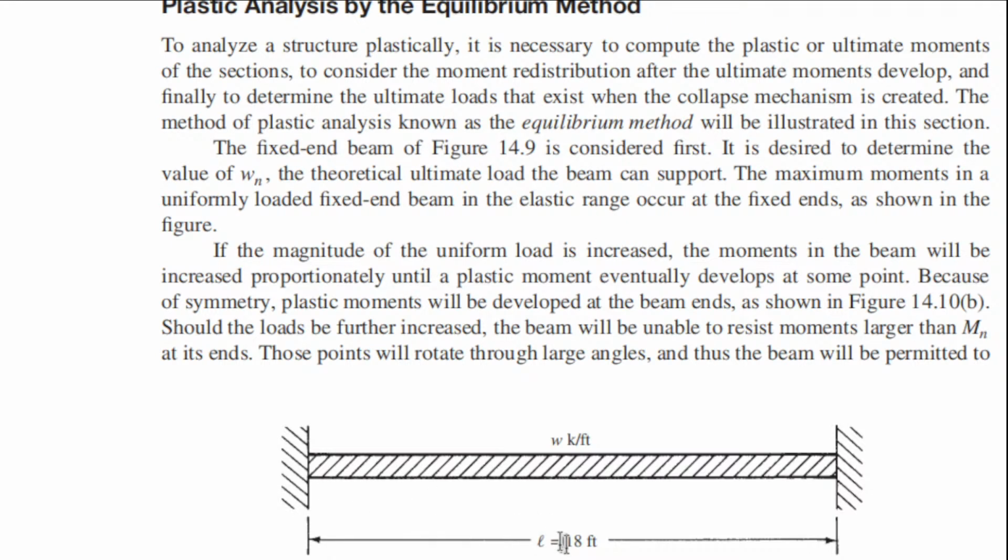For example, we have a length of 18 feet span, fixed ended on both ends, Mn, and Mn, then w kips per foot. What do you mean by w kips per foot? This is uniform load, kilopounds per foot. Okay?